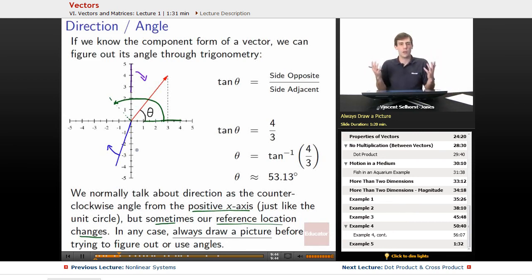So who knows how it's going to be done. We have to pay attention to what the specific problem is, how it's set up. It generally will be the positive x-axis, but it's not an absolute guarantee. You have to pay attention. In any case, whatever you're dealing with, I recommend always draw a picture, because that's going to give you a way to see what's going on. So draw a picture before you try to figure out or use angles. It will help you get a sense of what's going on and really help clarify things.